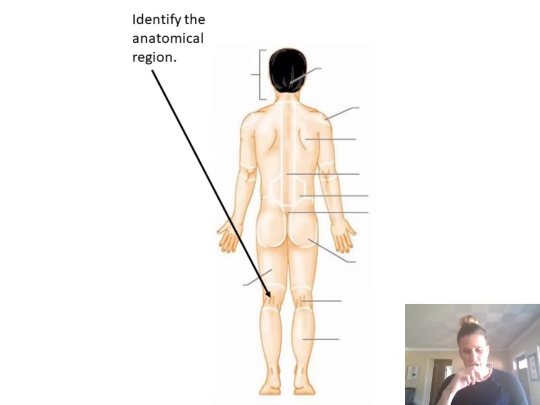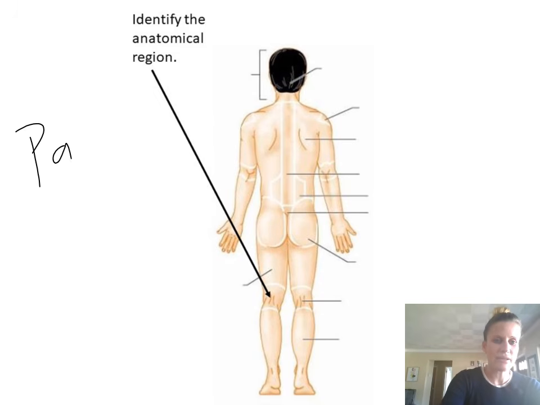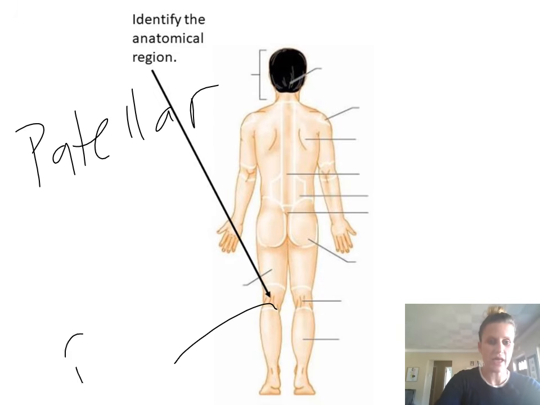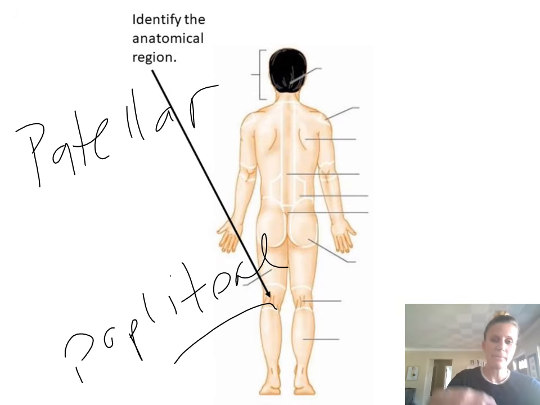This anatomical region, so this is pointing to the back of the knee. And depending on what resource you use, this will be named differently. So I prefer the front of the knee as patellar, and then the back of the knee as popliteal. Okay, patellar in the front, popliteal in the back.